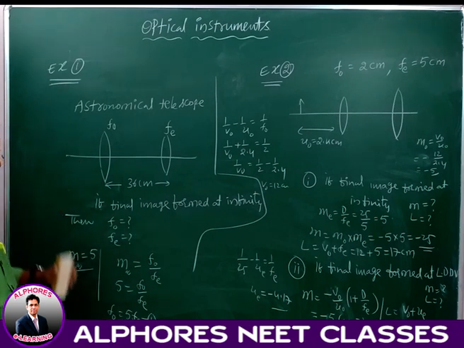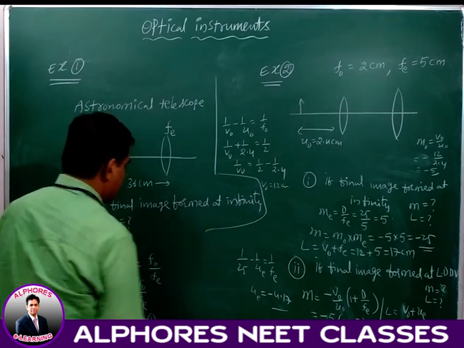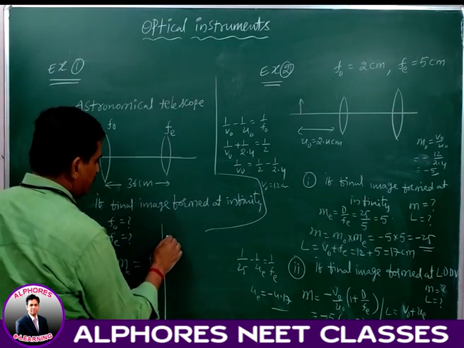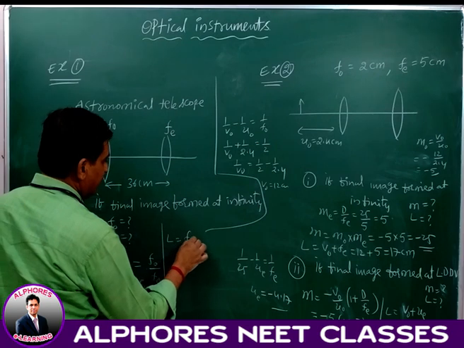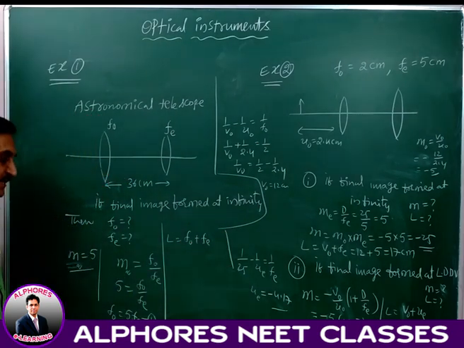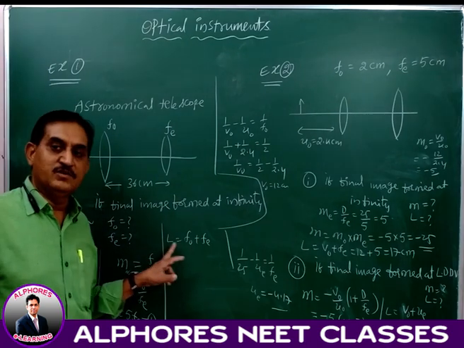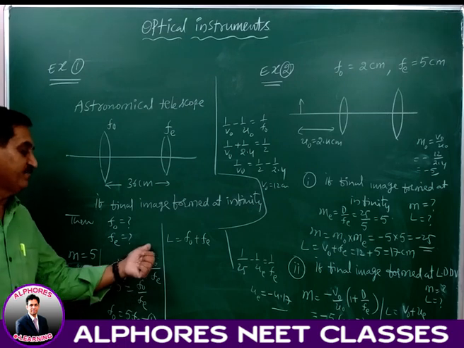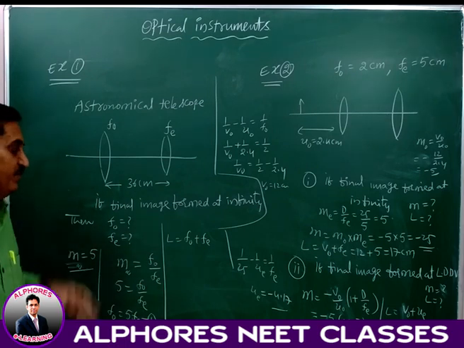Equation 1. Keep it aside and go for one more formula. The length of this astronomical telescope is equal to f0 plus fe when the image is formed at infinity, and its magnifying power is f0 by fe.